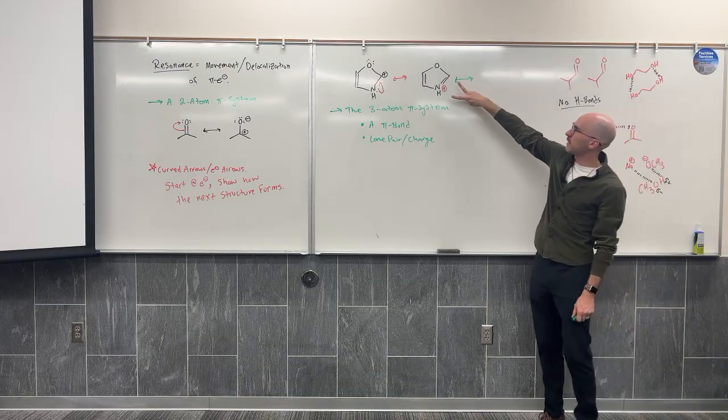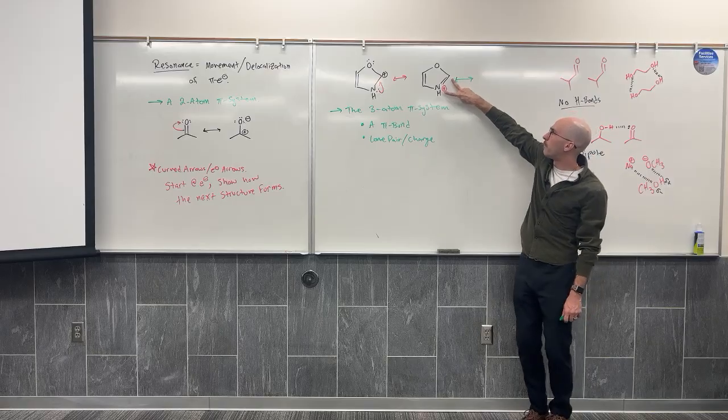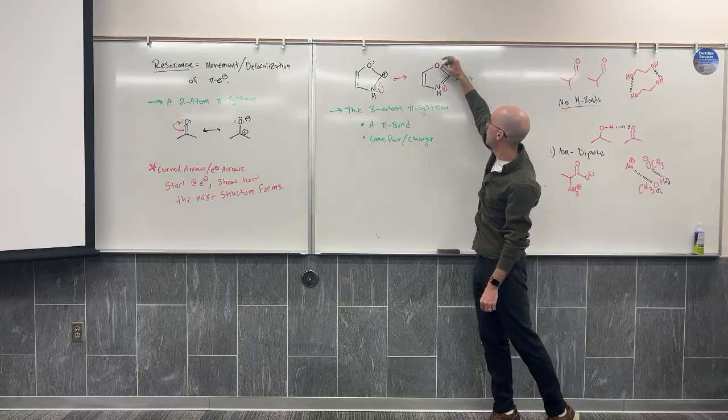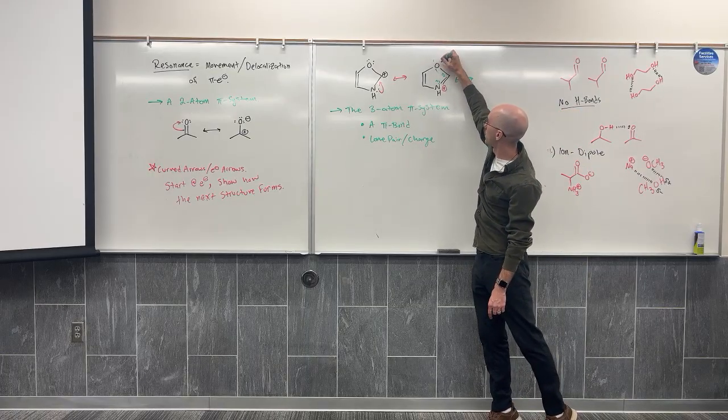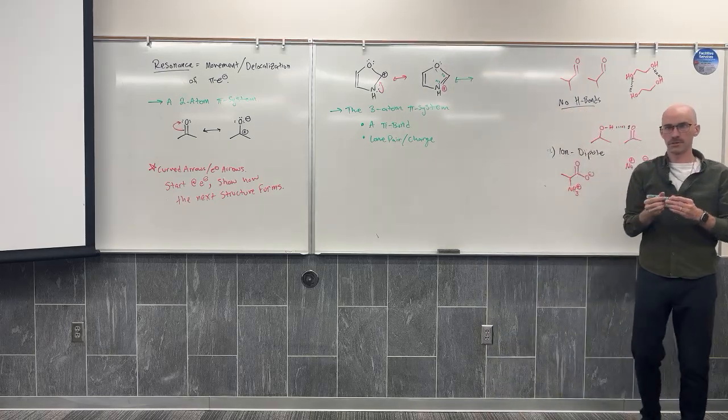Well, here is a pi bond between nitrogen and carbon, the one I just formed. And above that is a lone pair on the oxygen. So here is my 3-atom system. Oxygen with its lone pair, and the pi bond between carbon and nitrogen.